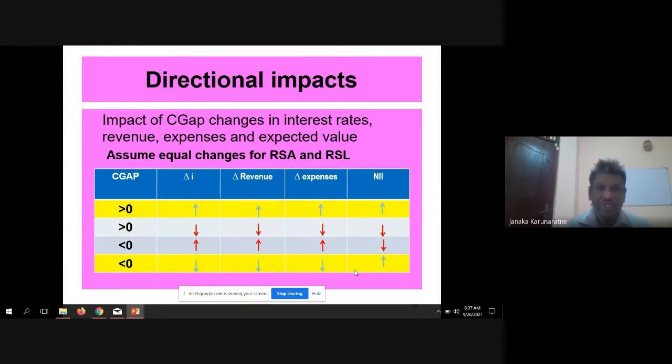We also discussed the importance of the gap ratio as a risk indicator in many banks and financial institutions.